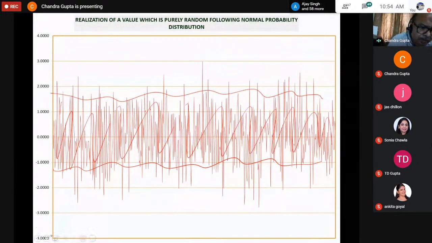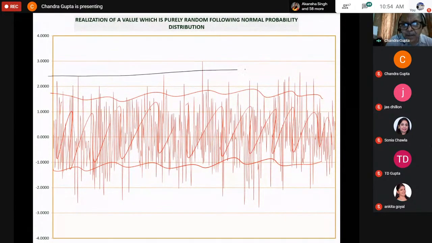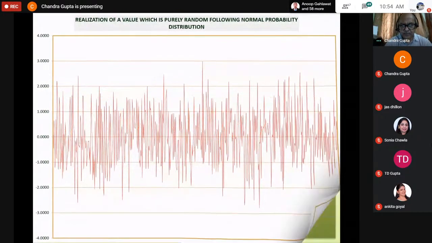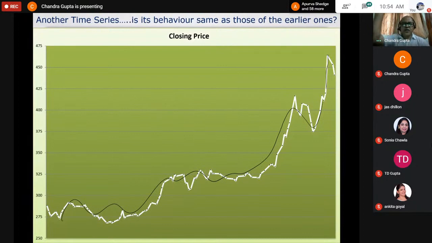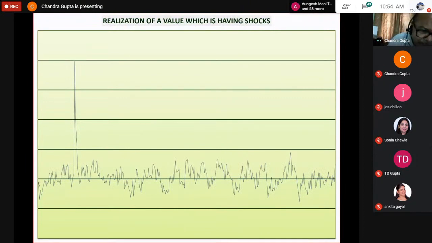And you can also feel that its variation is bounded. It's not going beyond it. It's not exploding, something like that. See here, you have closing prices increasing exponentially, and it will go on like this. Look at this graph. There's a shock. And interestingly, after this shock, the series has come back.